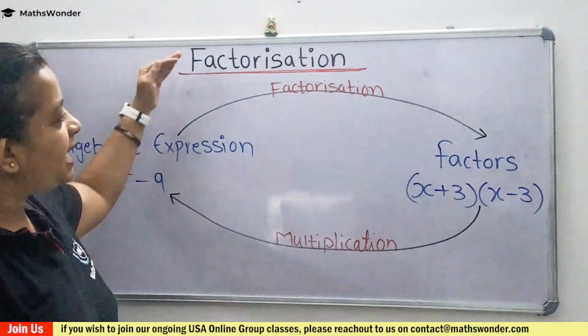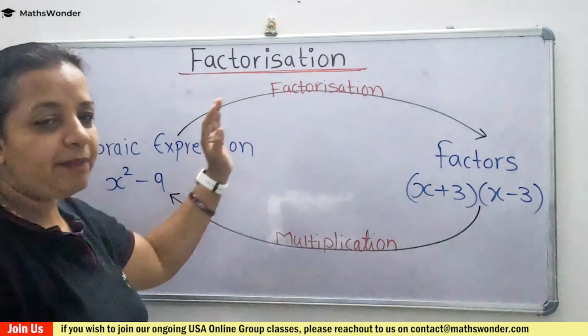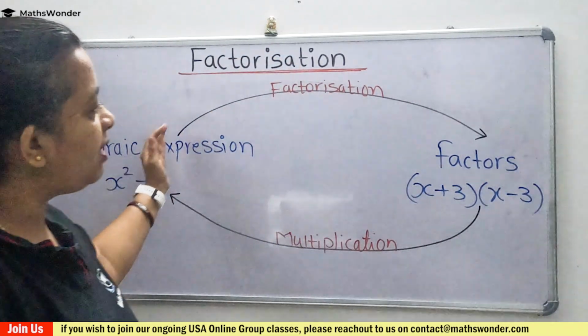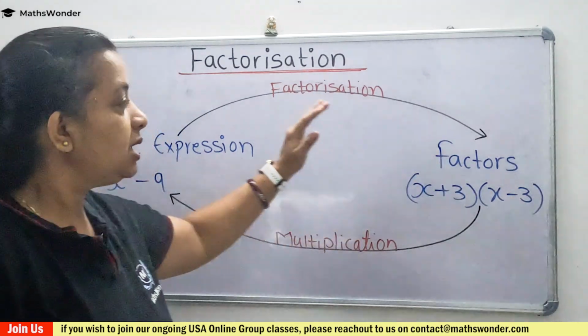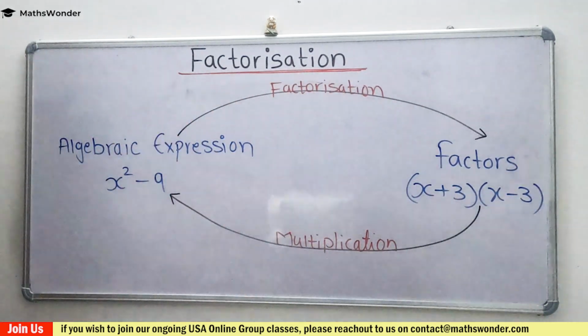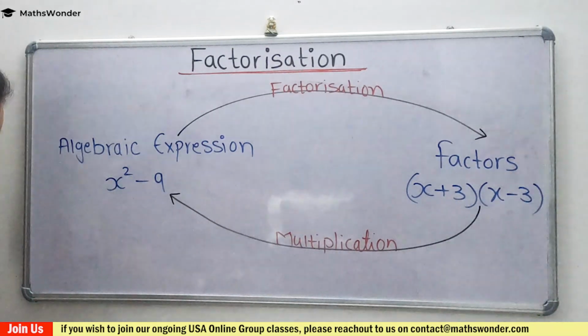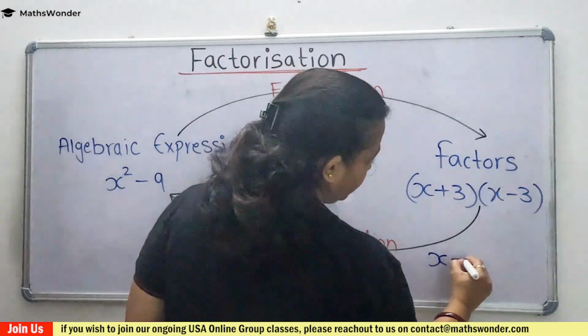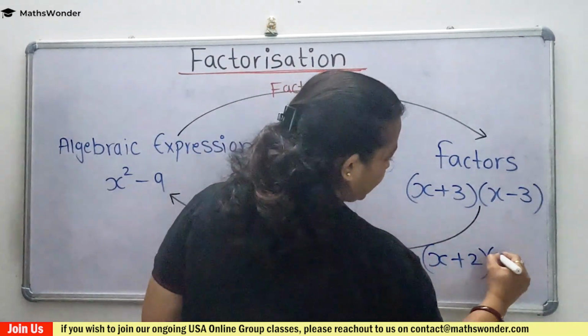Now this grade, when we do the same thing in the reverse order, okay, factorization is the reverse process of multiplication. So when we do the same thing in the reverse order, you will get the factors. Understood? Any confusion? No. So suppose, one more example I am giving here. Suppose the question is (x plus 2)(x plus 3).